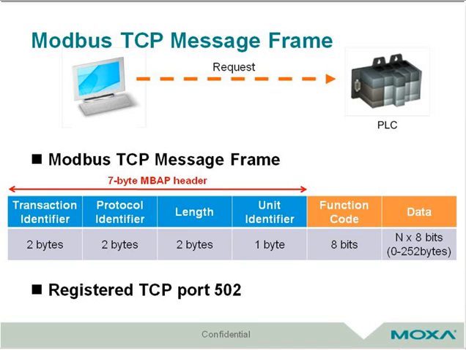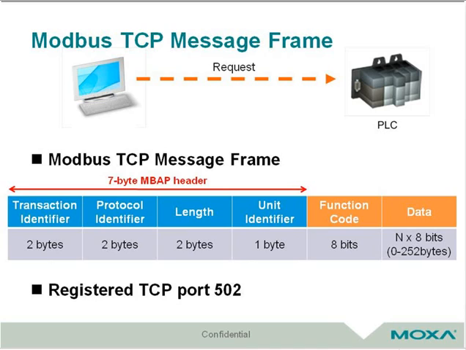The Modbus server, or you call it slave, copies the transaction identifier of the request into the response. The second part is the protocol identifier. It is used for intra-system multiplexing, and the Modbus protocol is identified by the value 0. The third part is length. The length field is a byte count of the following fields, including the unit identifier and the data fields.